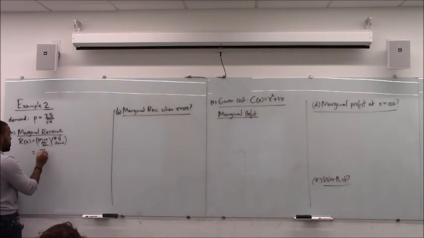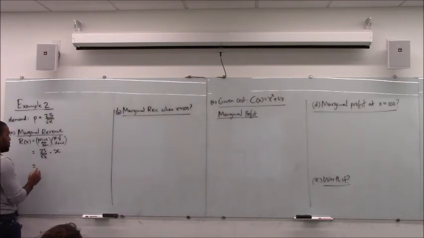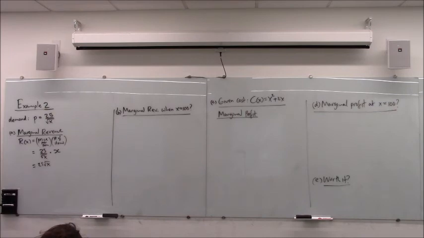So that is 25 over radical x times how many items? x items. If I'm selling x items, that's going to be the price at which I can sell those x items. So of course, that is going to be 25 radical x. So my revenue function is 25 radical x, which means, how do I find the marginal revenue?